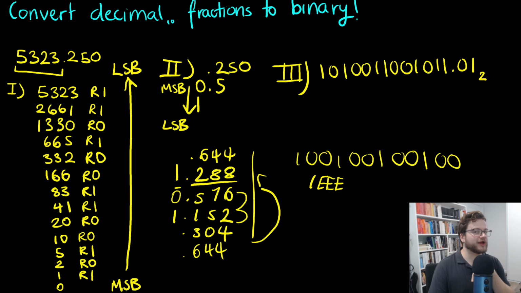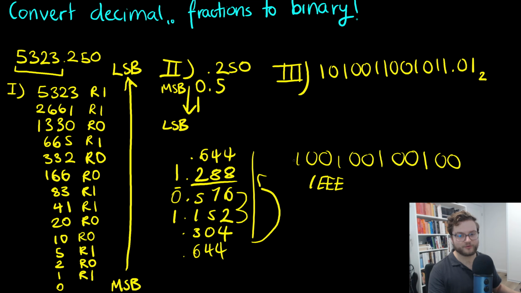Now, don't just take my word for it. If you're doing this, I want you to use some sort of calculator or converter to make sure that your number is correct when doing it yourself. Don't just blindly follow what I'm doing. Choose a number, choose a decimal fraction, and do this all for yourself.